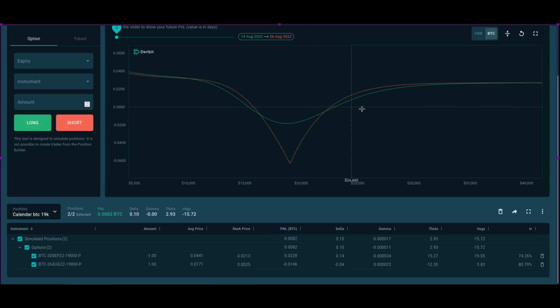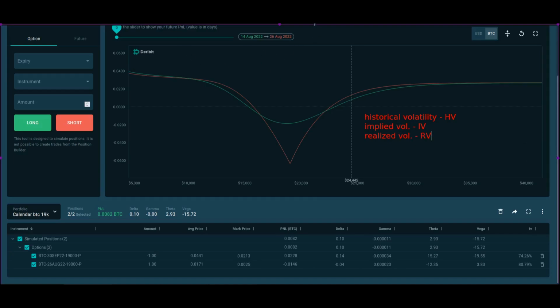We have historical volatility, HV, implied volatility, IV, and realized volatility, RV.